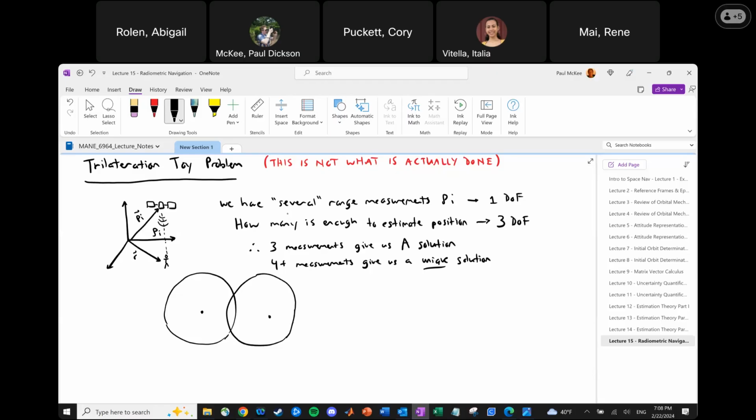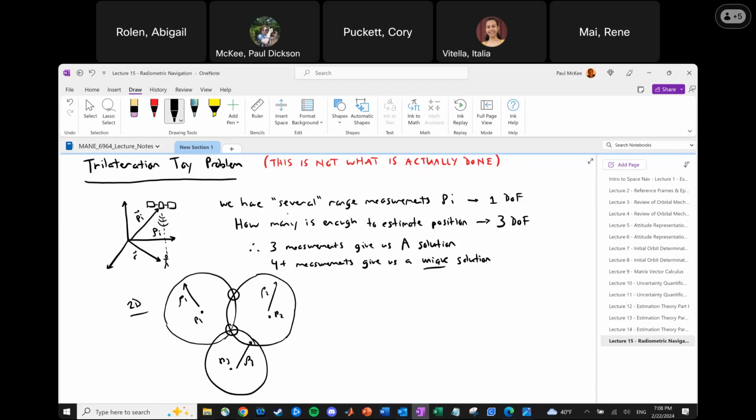You know that you're rho 1 away from some position P1, and you're some distance rho 2 away from position P2. In 2 dimensions, just having 2 measurements still gives you 2 possible solutions, doesn't it? So what you really need is a third station, and you say, oh, I'm also rho 3 away from P3, and when you draw that circle, now it's clear to you that there's only one solution.